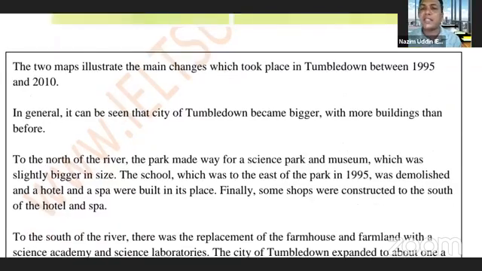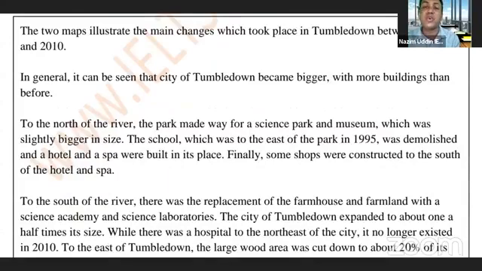Then they made an overview. In general, it can be seen that the city of Tumble Down became bigger with more buildings than before. This was about the highlights. In the next paragraph, to the north of the river, the park made way for a science park and a museum, which was slightly bigger inside.